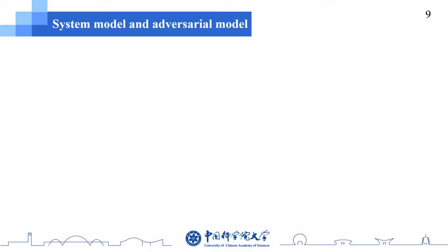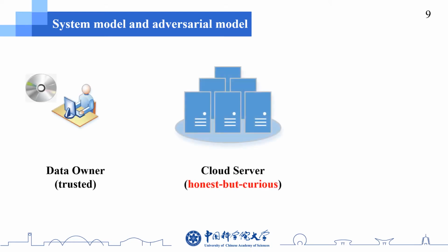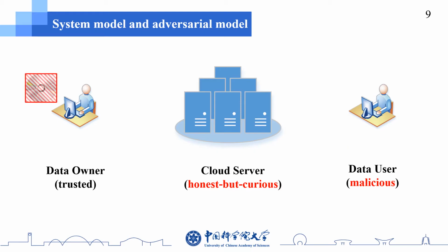Before introducing our solution to address this problem, let's look at our system model and adversarial model first. We consider a system consisting of the data owner, the cloud server, and the data user. The data owner is fully trusted and outsources their watermarked multimedia data to the cloud storage.